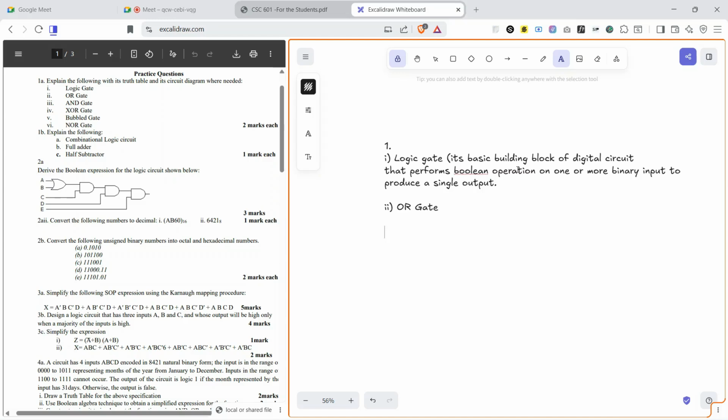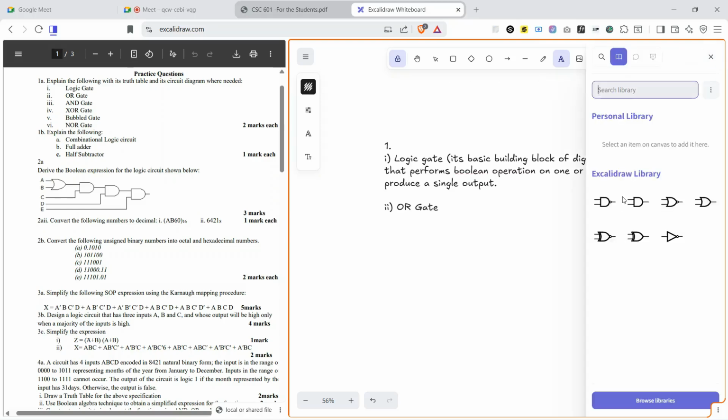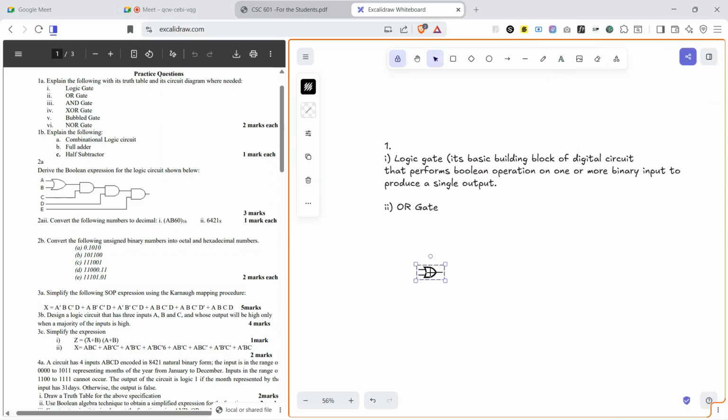Yes, when either of the inputs is one. So that is for OR gates. The diagram for OR gates is this. This is an OR gate.